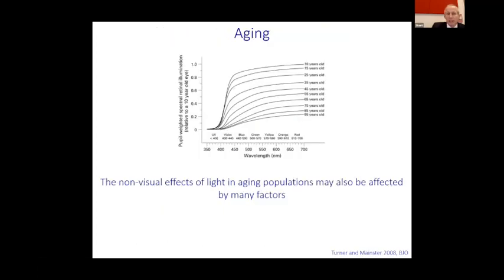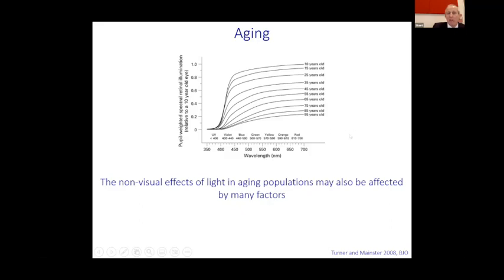And finally, I want to cover some points related critically to aging and the aging population. The non-visual effects of light in the aging population can be affected by a huge range of different factors. Lens transmission, shown in this graph, varies enormously across age, from children all the way up to elderly individuals.